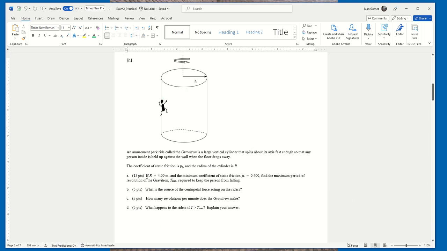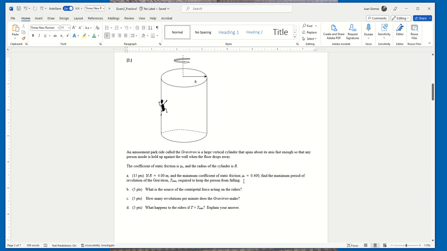Okay, part A. Suppose r is 4 meters, and the minimum required coefficient μs is equal to 0.4. We want to find in part A the maximum period of the Gravitron, T max, required to keep the person from falling.